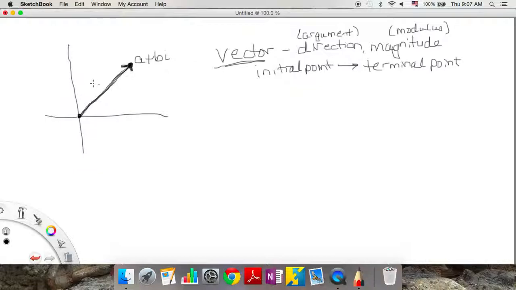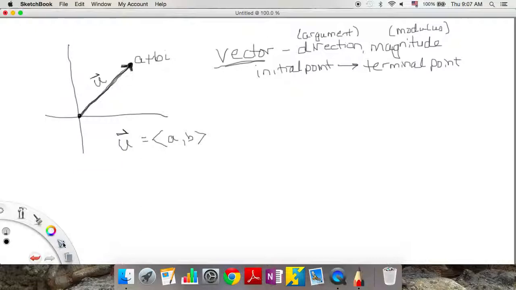Now, if we want to name this vector, let's say we call it u. What you do is you write a u, and then you put this little half arrow looking thing over it. And a way to write a vector in vector notation instead of with the complex numbers is you use these arrow looking brackets to label the point it's heading to, its terminal point.